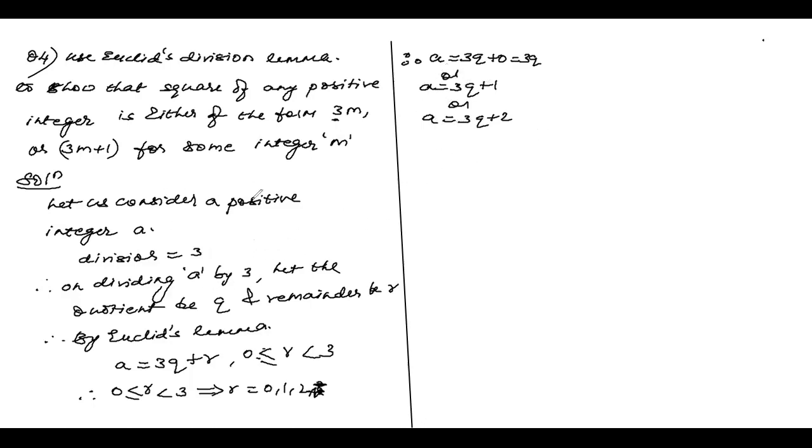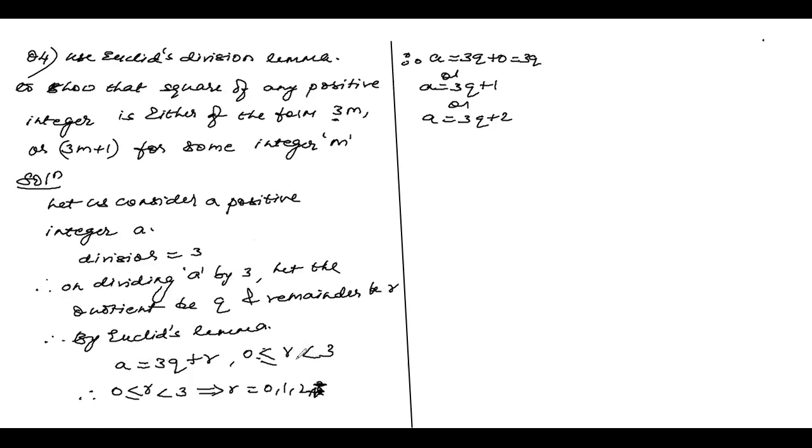A is a positive integer, I'm not taking 1, 2, 3, anything I take. I want my divisor to be 3, so I'm dividing this a by 3 and letting the quotient be q and remainder be r. By Euclid's lemma, a is equal to 3q plus r.